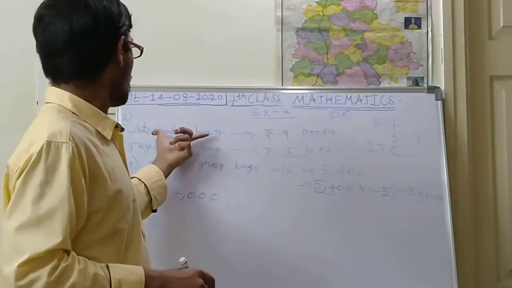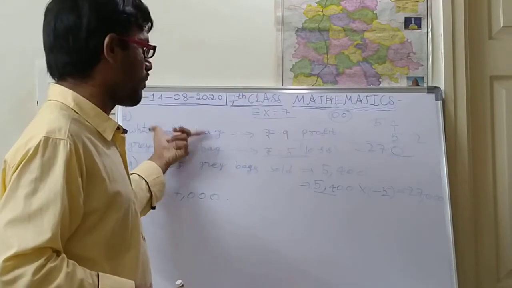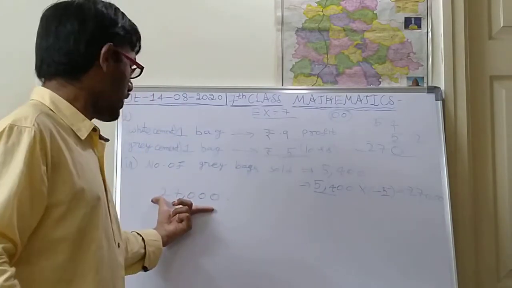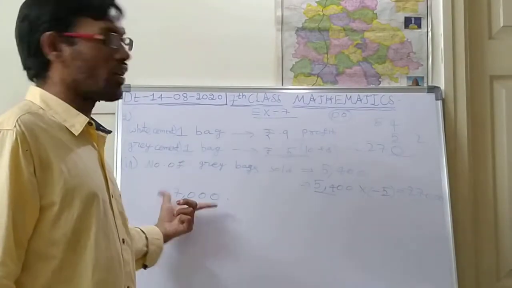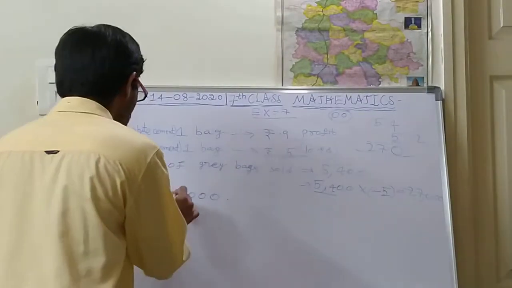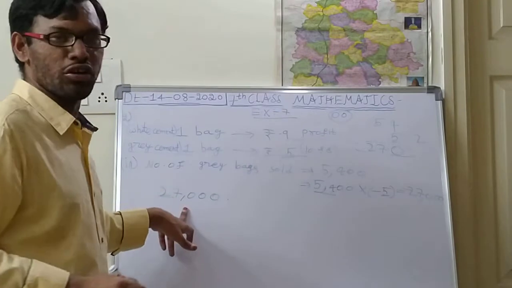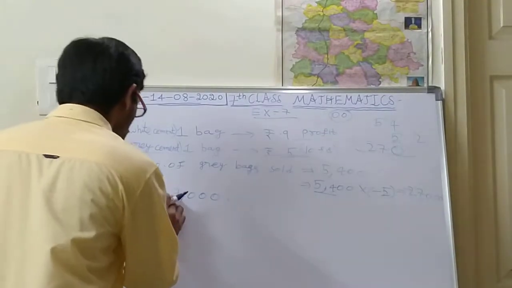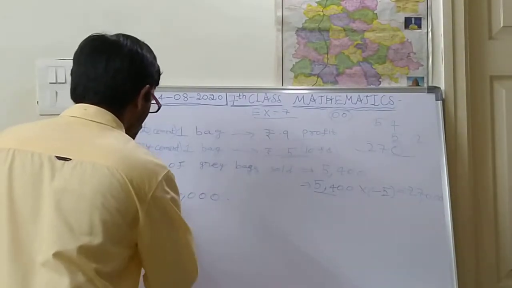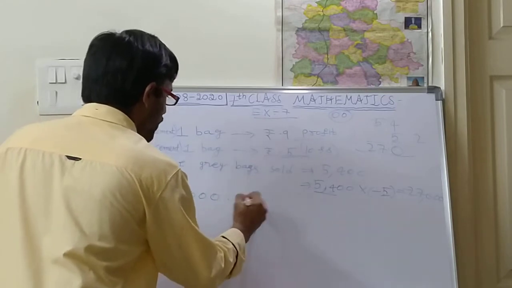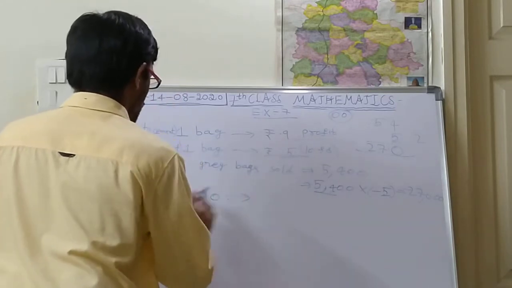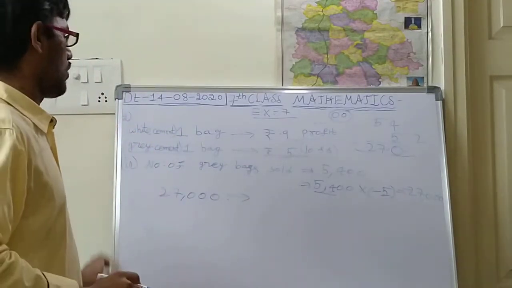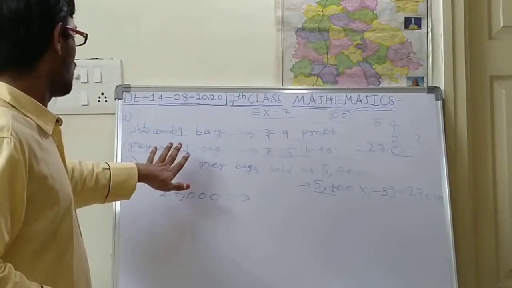So for the number of white cement bags, he should get the same 27,000 as a profit. That means he has to buy all the cement bags for the 27,000 only.